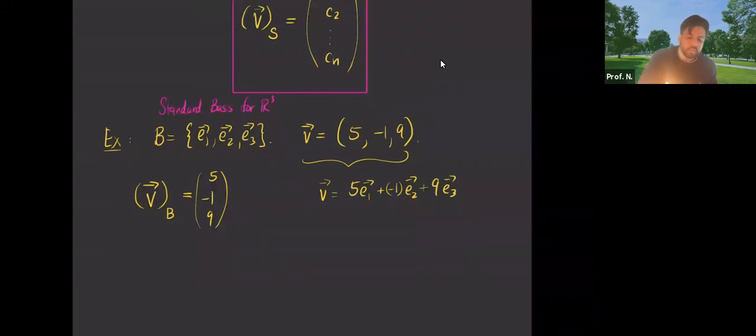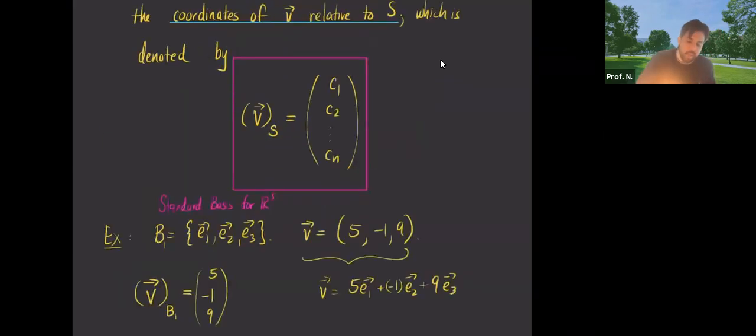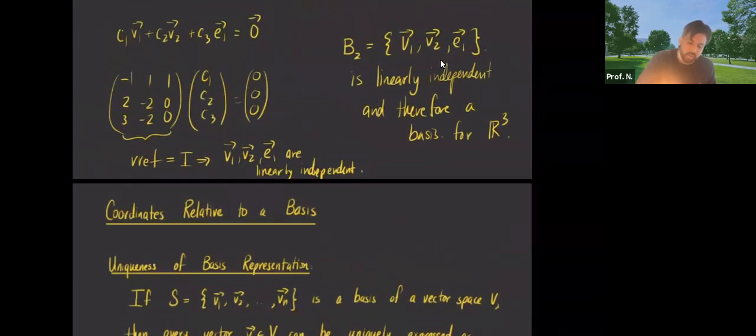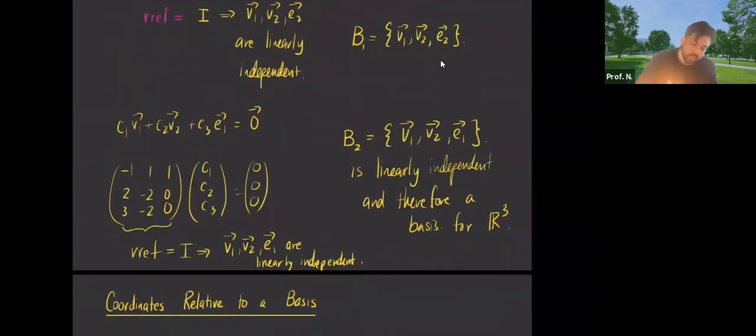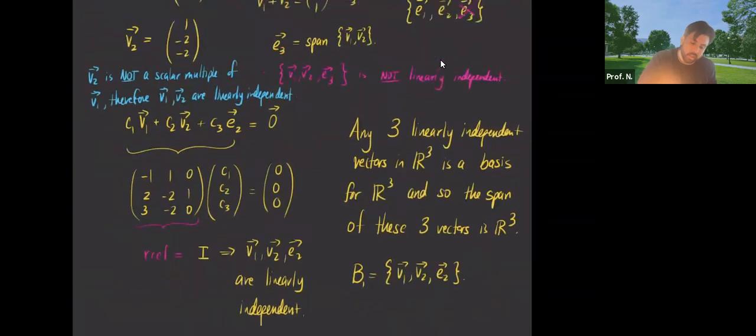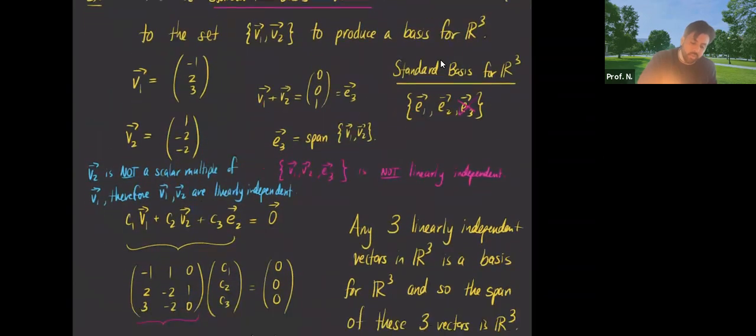Now, let's use a new basis, though. Let's call this B1, so this is relative to B1. Call this new basis the basis that we had shown. Which one did we show? v1, v2, like in this case here, negative 1, 2, 3, 1.